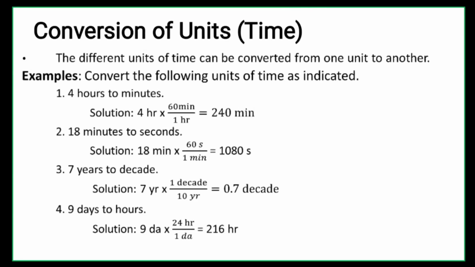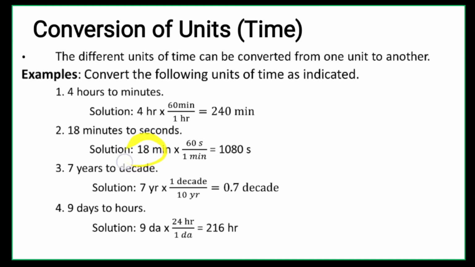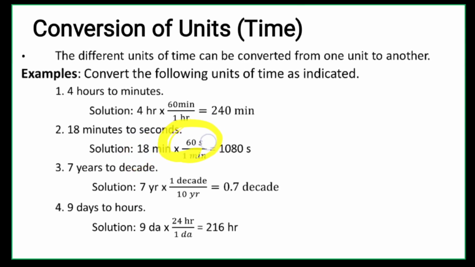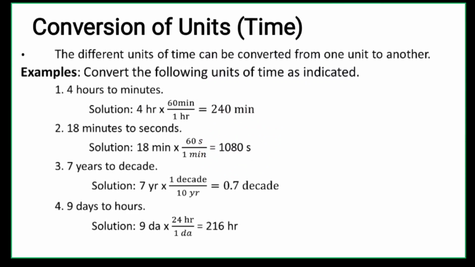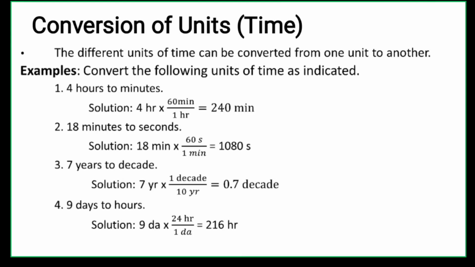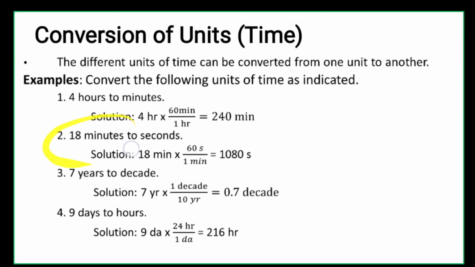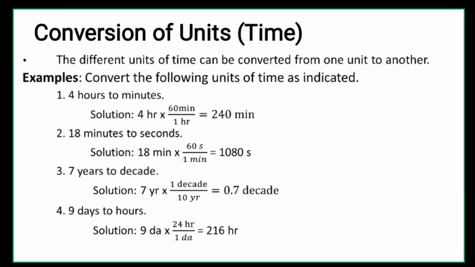After that, we can cancel minute. Therefore, 18 times 60 seconds is 1080 seconds over 1 is 1080 seconds. Therefore, 18 minutes is equal to 1080 seconds.